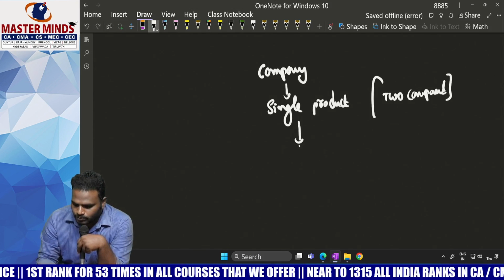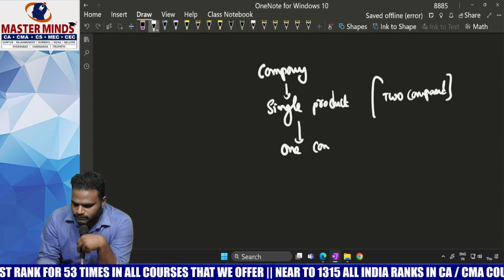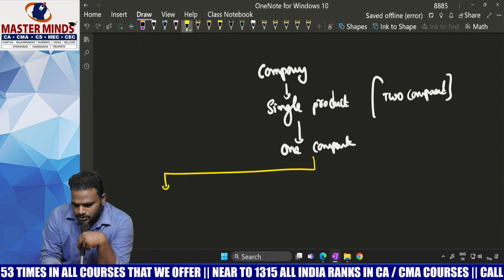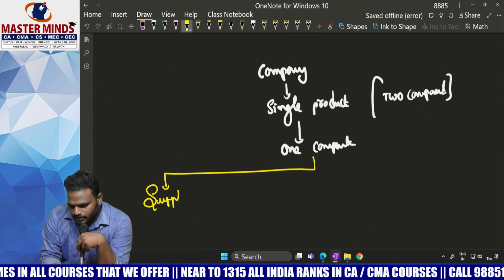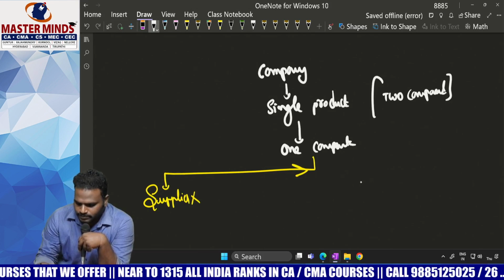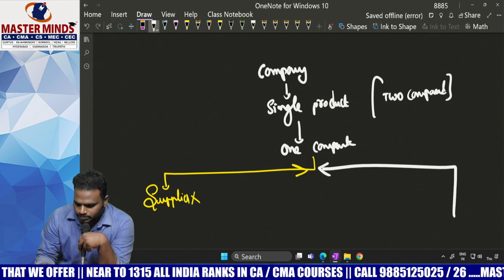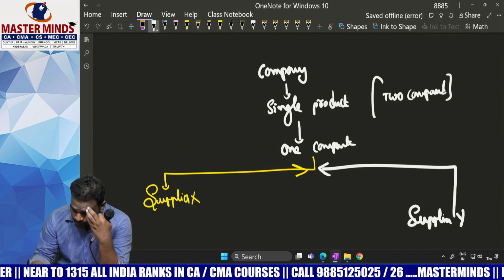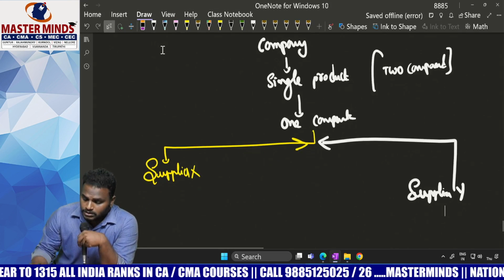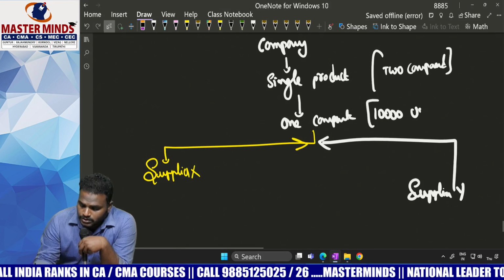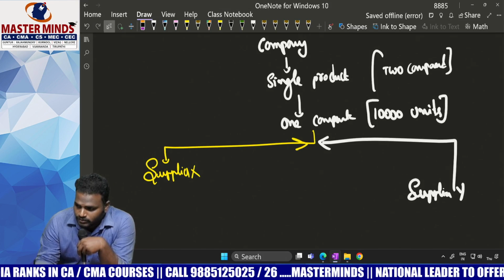Of these two components, one component is purchased from two suppliers: supplier X and supplier Y. The annual requirement is 10,000 units of the raw material.